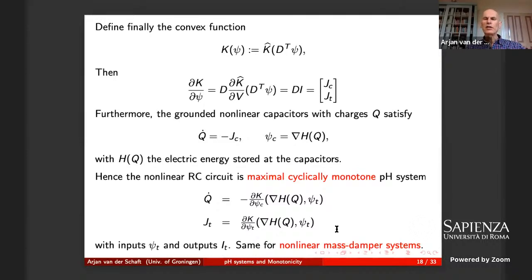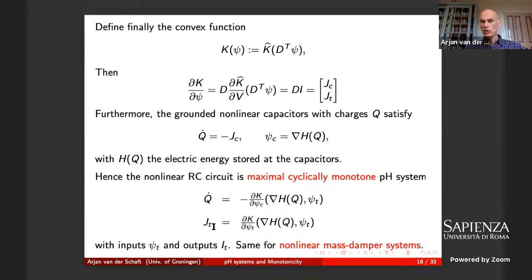So we indeed get the system class as we saw before for this function k, where the inputs are the voltage potentials at the terminal nodes, and the outputs are the currents at the terminal nodes.